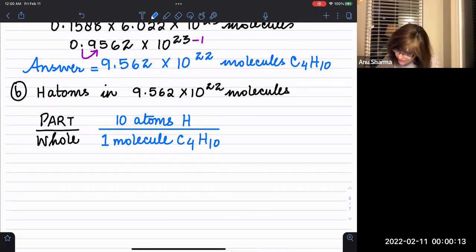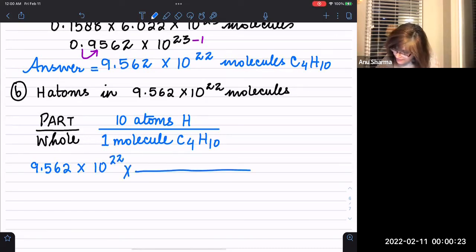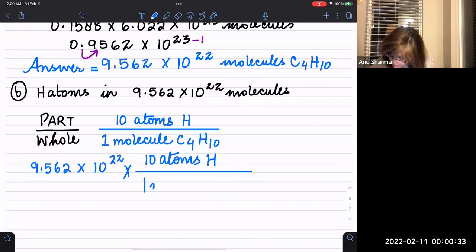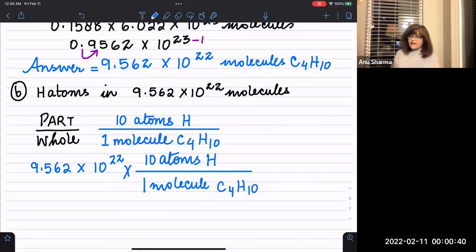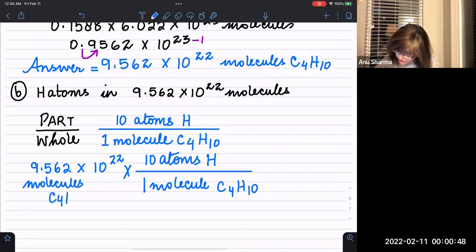So 9.562 times 10 to the power 22 molecules of C4H10 times 10 atoms of hydrogen per one molecule of C4H10.